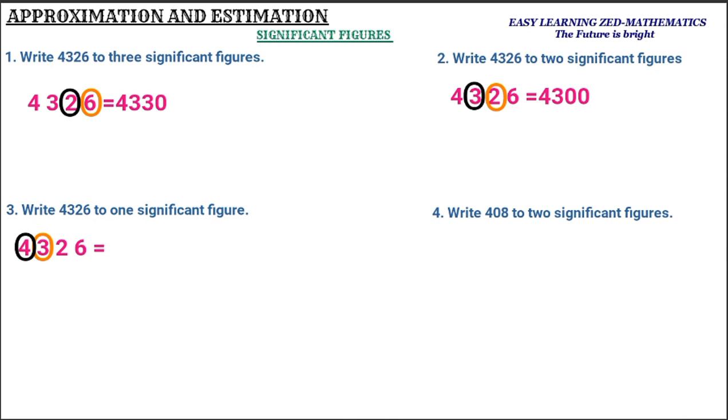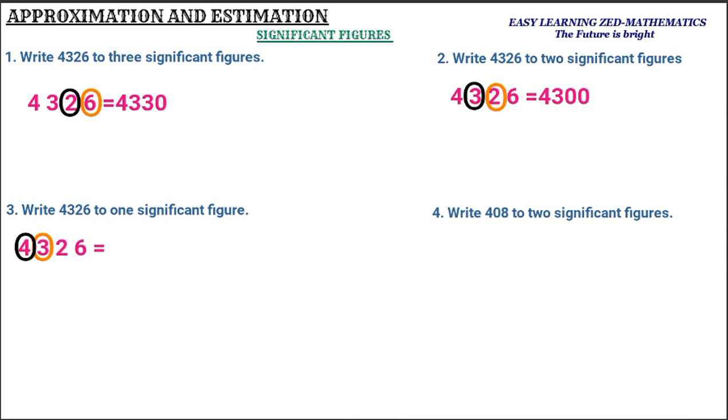We are considering the number which is circled in orange because that's the number that is going to be removed. So this number, 3, and the rest of the numbers on the right side of 3 will be removed. So in this case, 2 and 6 will also be removed, and then we replace them by 0.